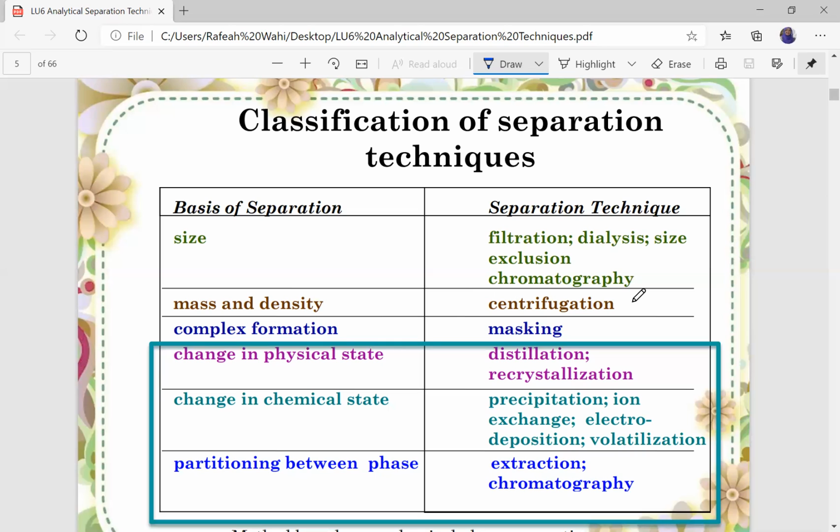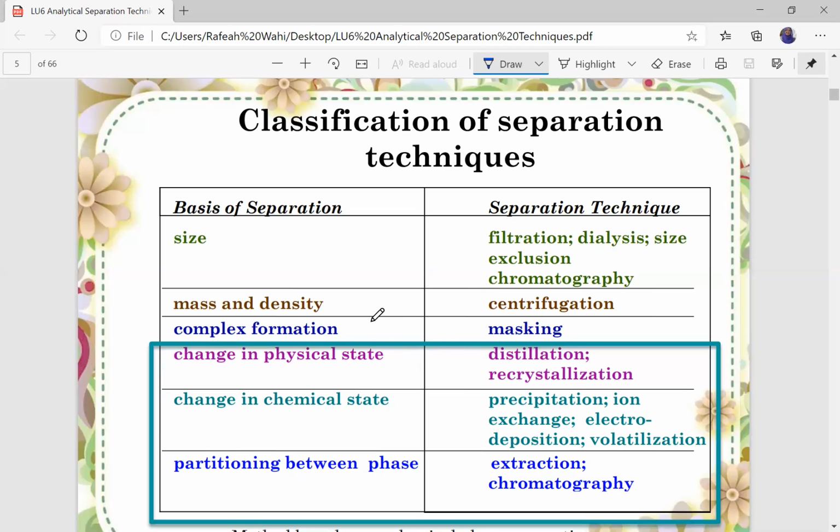Centrifugation is a process whereby you apply a centrifuge process to separate the samples into 2 or 3 components based on their density. We have learned the term masking in Learning Unit 3. So this is an analytical separation based on complex formation.